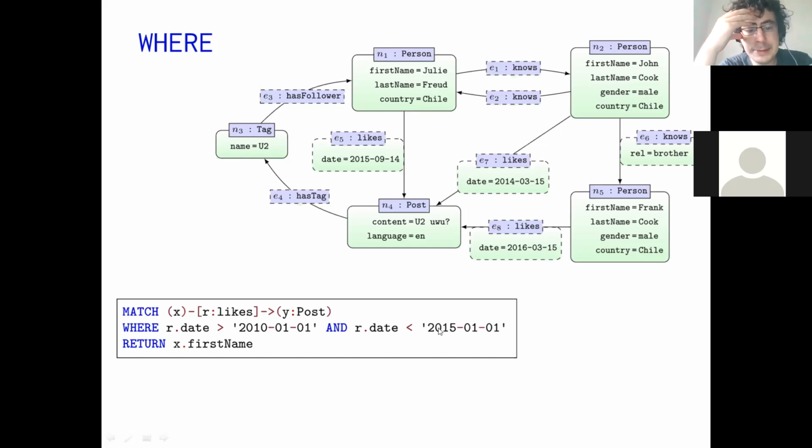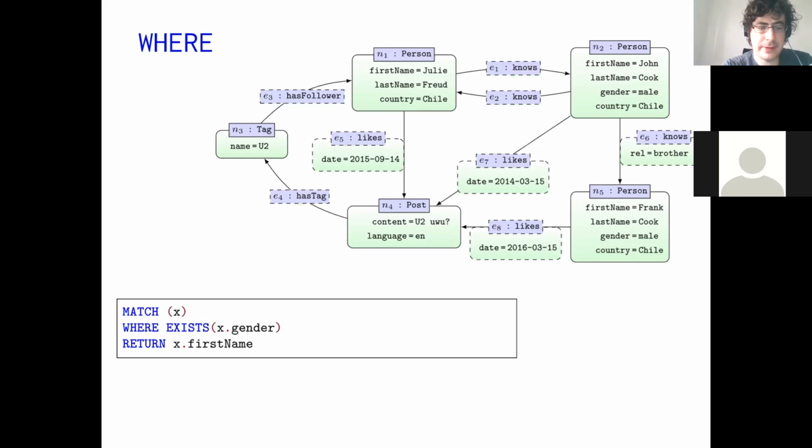So if we look here, we see that Julie likes something, but it's in 2015, doesn't count. John likes something in 2014, it looks okay. Frank likes something, a post, in fact, in 2016, so that's no good. So it would only be John here that matches this condition on the edge.